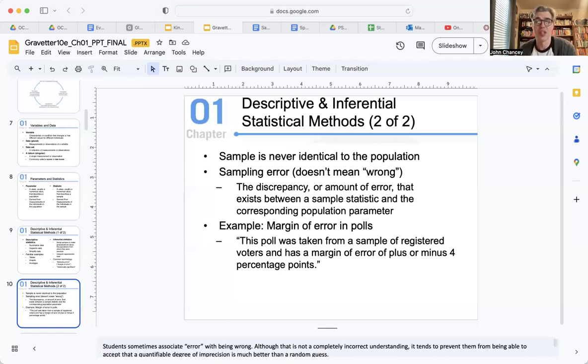A lot of times you see this represented in things like political polls. You'll see candidate X is favored to win, 48 to 43, with a plus or minus 4 percentage points. What that means is, if the candidate in favor is at 46 points plus or minus four, their outcome could swing as low as 42 on the short side or up to 50 on the high side.